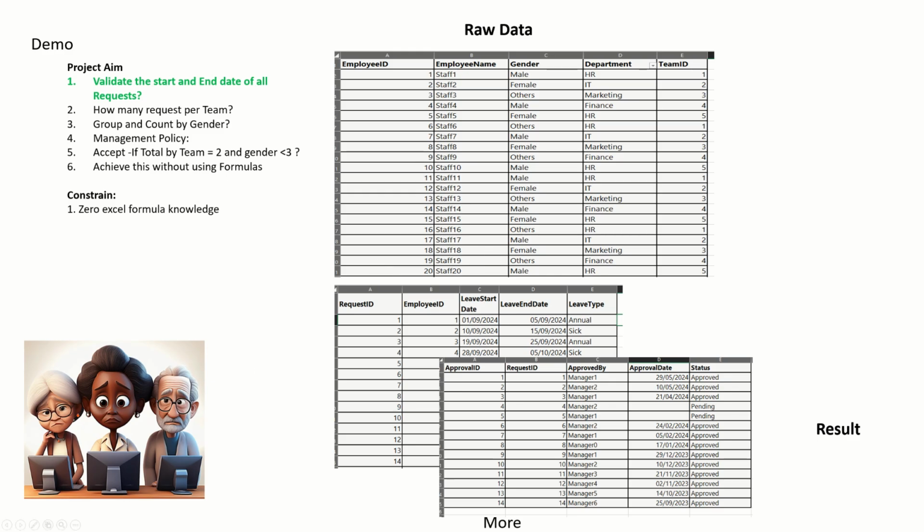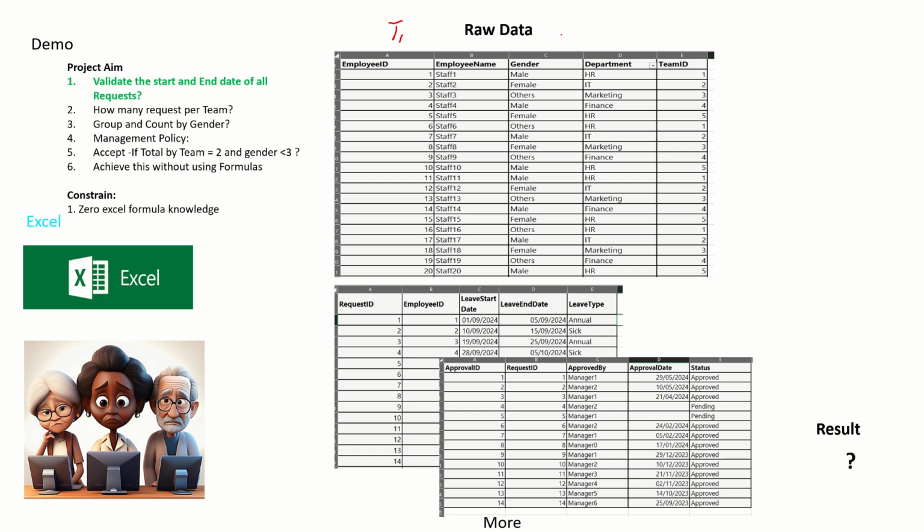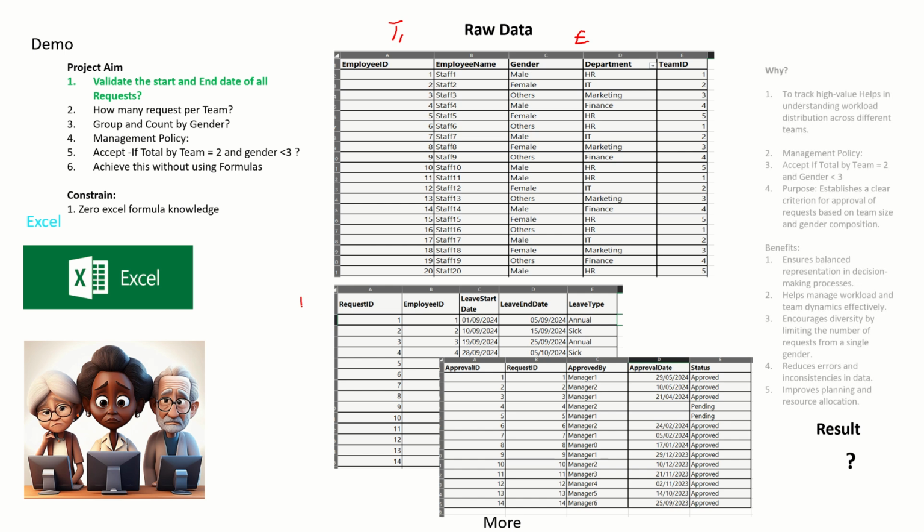We were given this data, which I called T1 if you remember, but in the script I used, I called it E for employee table. And we also had T2, which I called that in the beginning, and finally we called it LR, leave request table.